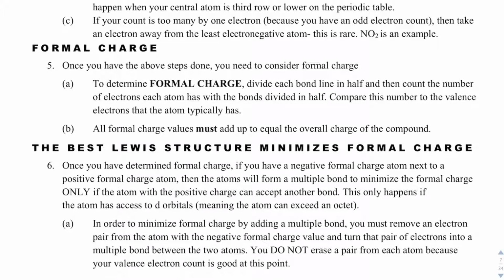Formal charge is where atoms that might be holding charges will move around their electrons to minimize charge. So for example, if there's something with a positive 1 charge next to something with a negative 1 charge, they might share a pair of electrons to minimize their charge, and we'll see how that works.